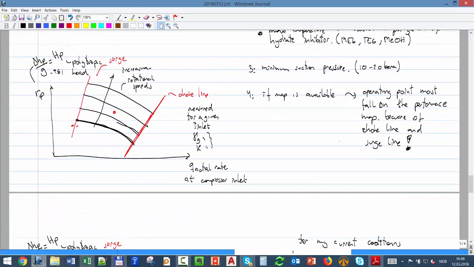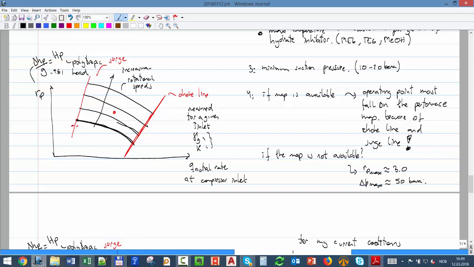And then you have the map. If the map is not available, what do we do? You work basically with an RP max and a delta P max. RP max depends on the machine, but might be something around 3.0, and delta P, what we have installed today, is maybe 50 bar.